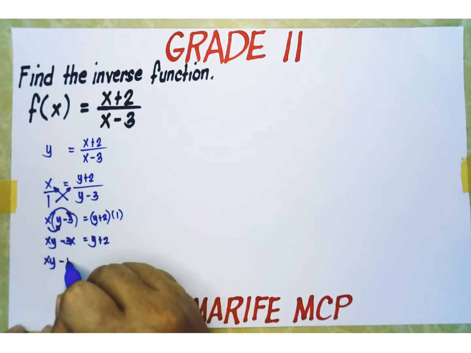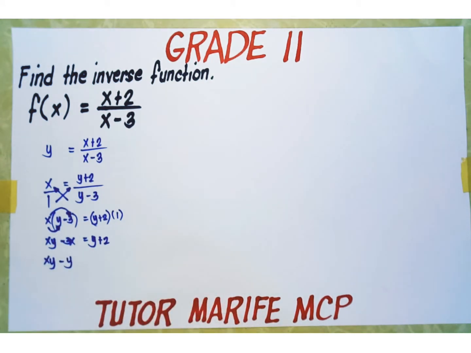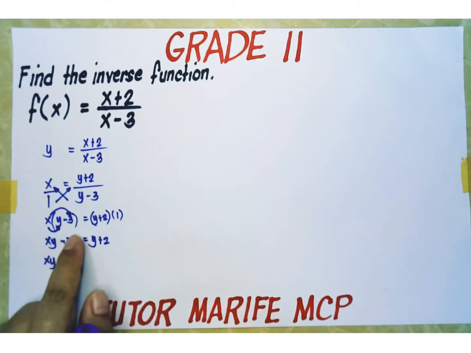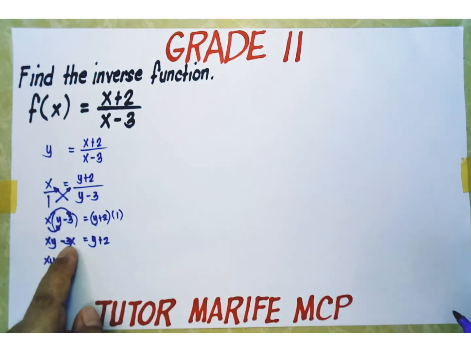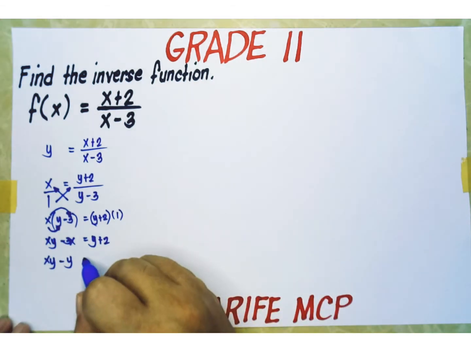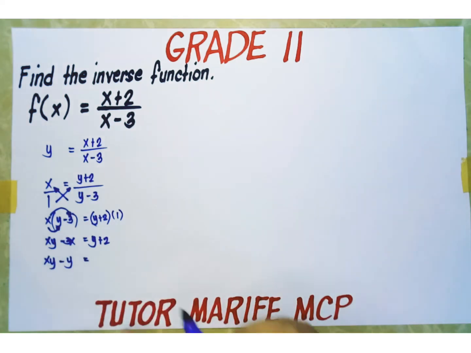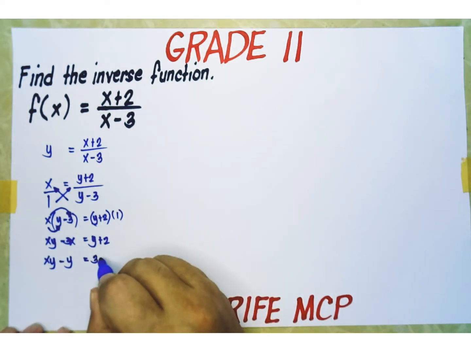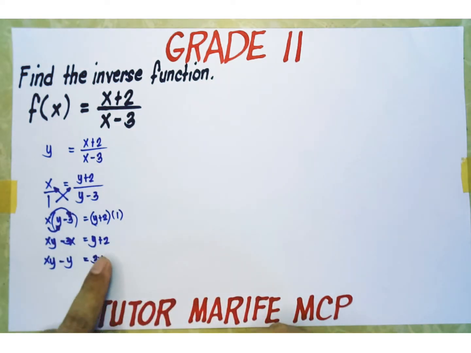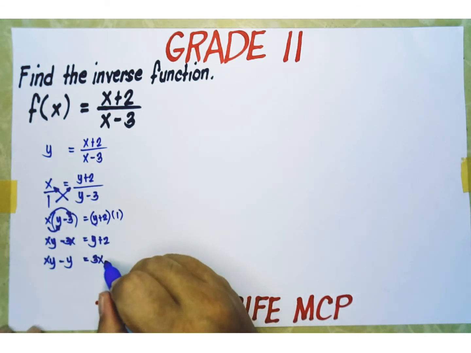So it becomes negative y on the other side. This term does not contain y, so we transpose it to the other side. From negative 3x, it becomes positive 3x on the right. And originally, we have a plus 2 on the right side.